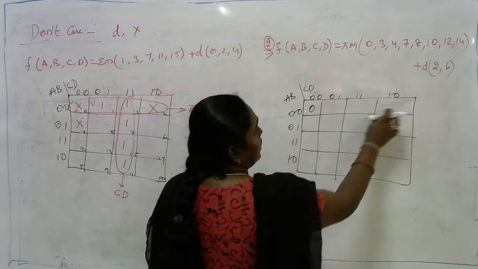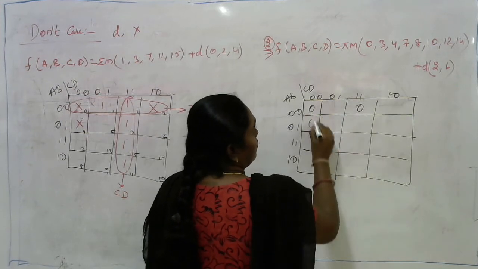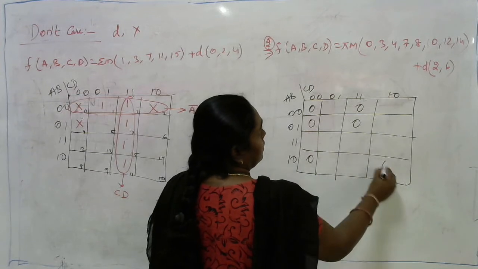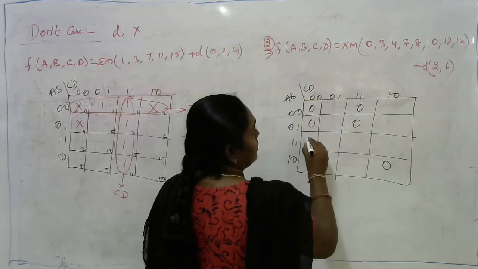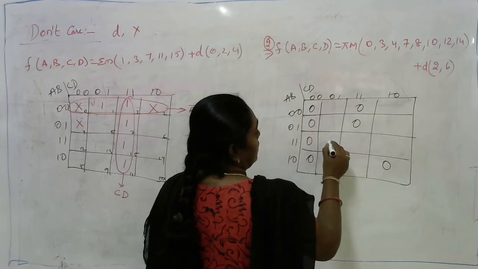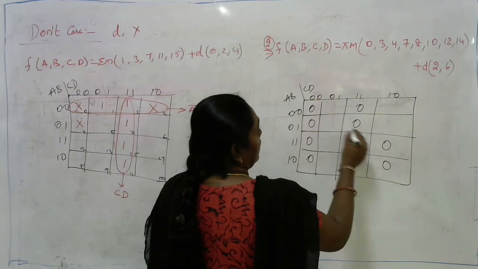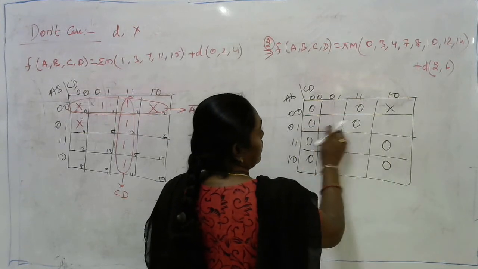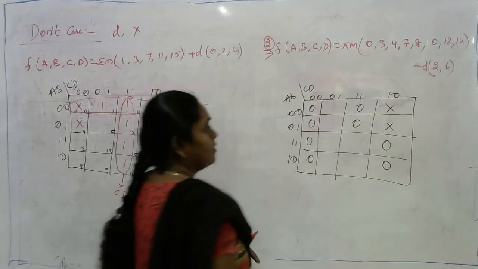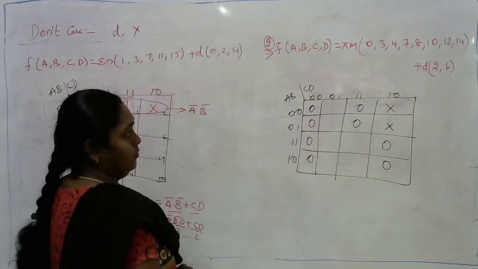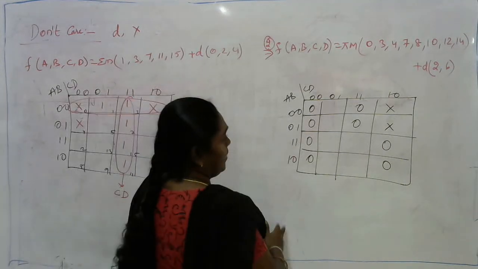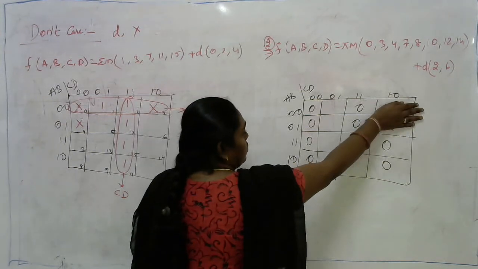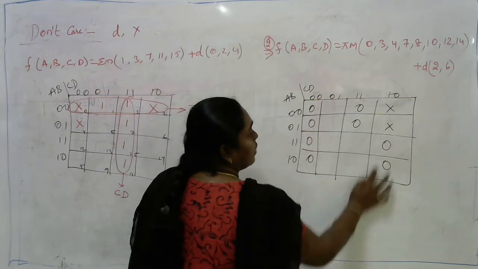This is 0, 1, 3, 2, 4, 5, 7, 6, 12, 13, 15, 14, 8, 9, 11, 10, and the don't cares are 2 and 6. So this is the mapping. Now if you observe here, if we are not considering these don't cares, we can make these two as one group.